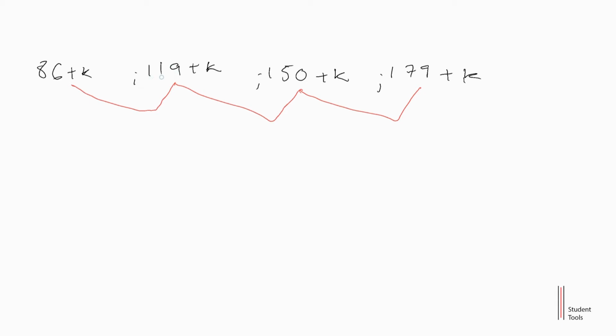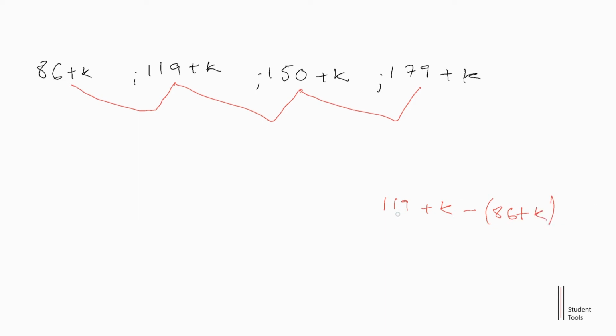So what is 119 plus k minus 86 plus k? So let's write it down so that it will not confuse us. 119 plus k minus, let's put it in brackets, 86 plus k.